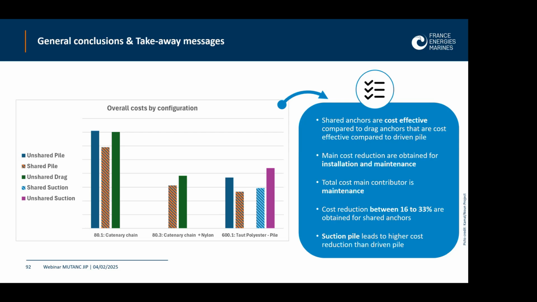A cost reduction between 16 and 33% is obtained for shared anchor. It can be seen that suction pile leads to a higher cost reduction than driven pile, but this was suction pile compared only to suction pile. We didn't compare suction pile with driven pile.